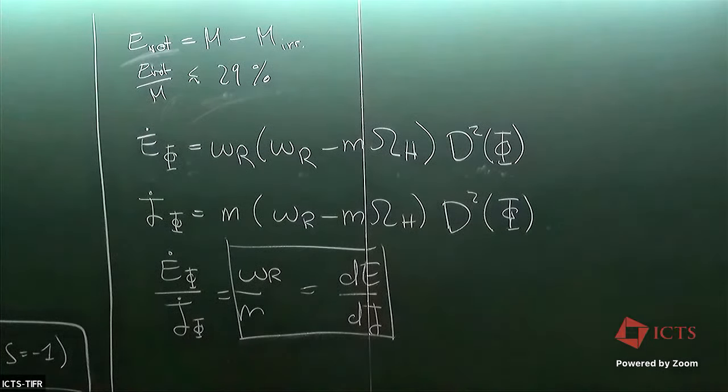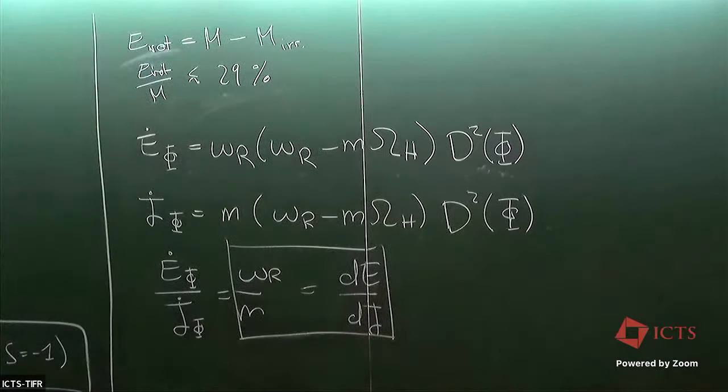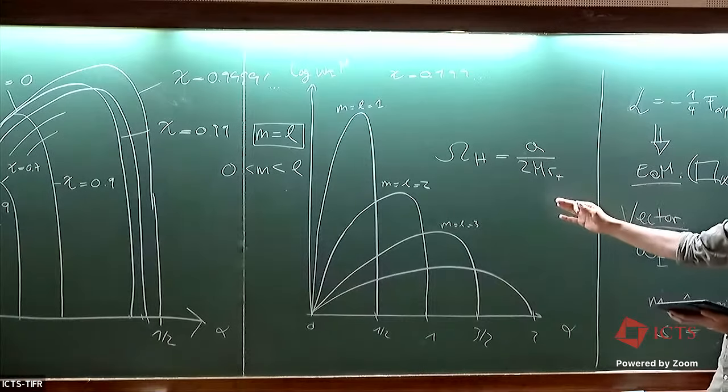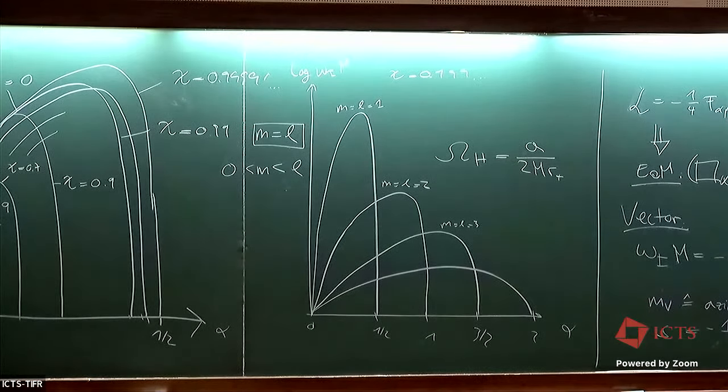We know that the horizon frequency is proportional to the spin, a. So as the superradiance instability extracts angular momentum from the black hole, the horizon frequency of the black hole reduces. If the spin were to go to 0, then the horizon frequency is exactly 0. What does this mean for the instability?